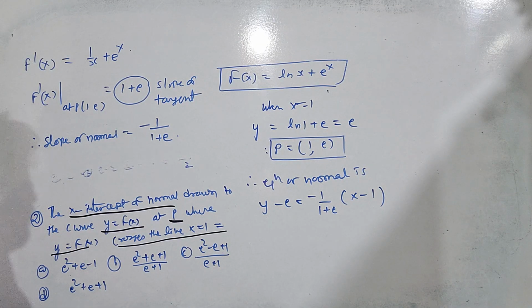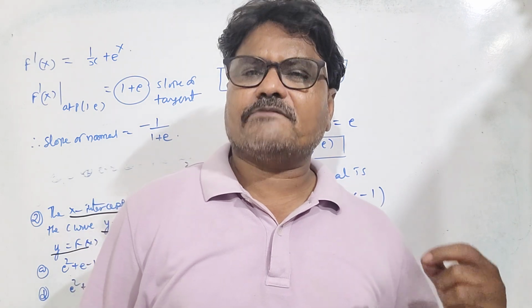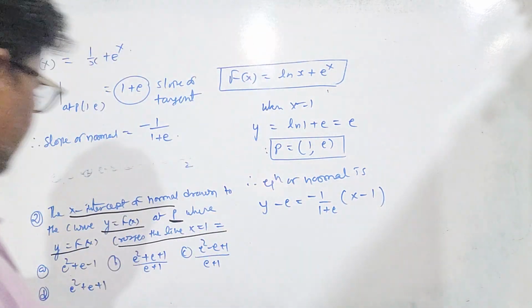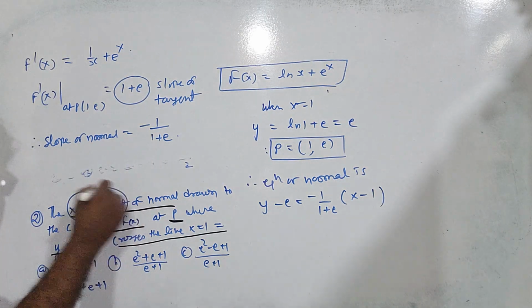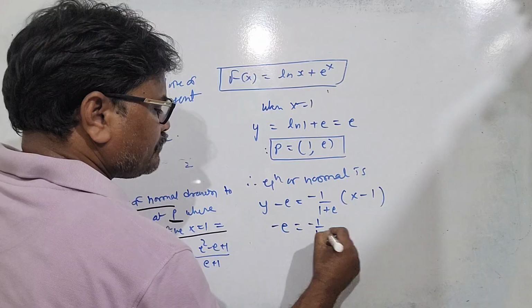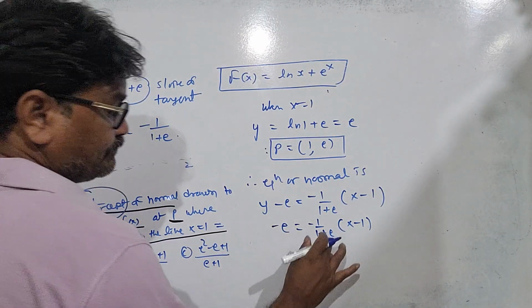Now we have found the equation of the normal, and we have to find the x-intercept of this normal. For finding the x-intercept, we have to put y equal to 0, because they are asking about the x-intercept. So put y equal to 0: minus e equals minus 1 upon 1 plus e times x minus 1. We have to determine x from here.